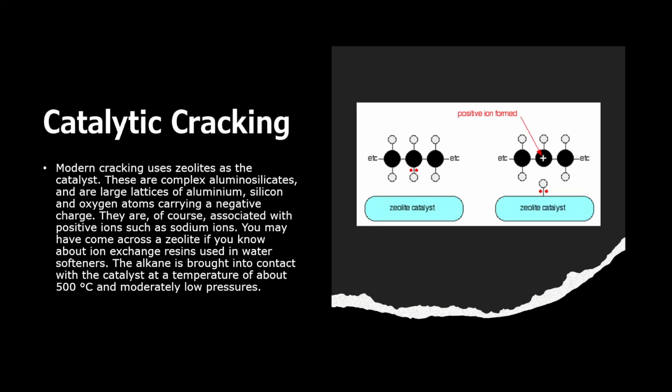Just know that this is catalytic cracking. The catalyst is usually zeolite, which is an aluminosilicate complex. With the presence of a catalyst, catalytic cracking occurs at lower temperatures and moderately lower pressures. Full stop. That is what you need to know so far for this reaction. There's a summary at the end of the slide, by the way, that sums up everything.